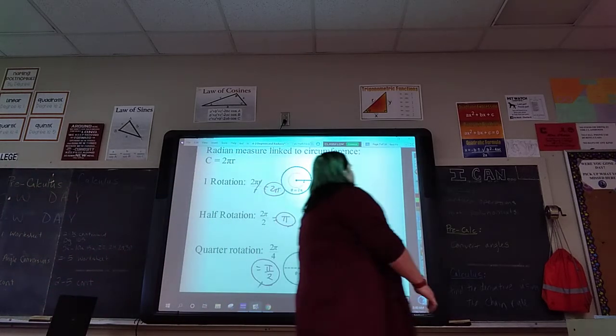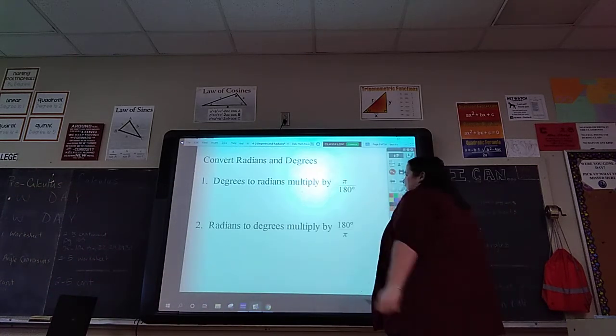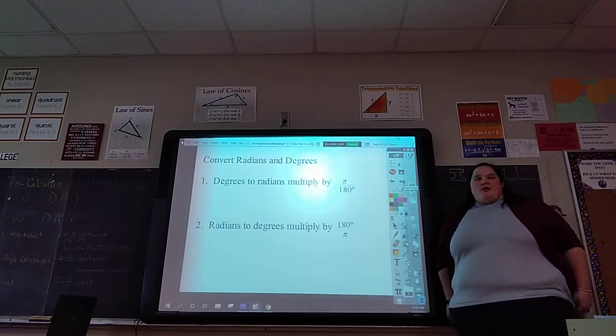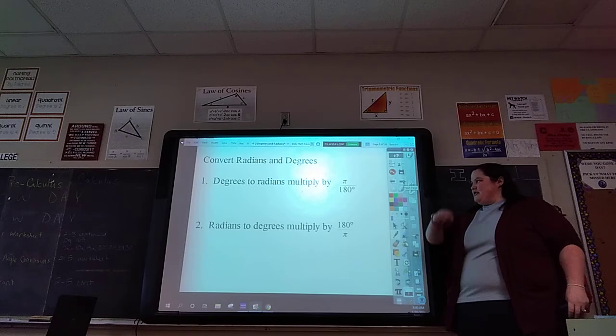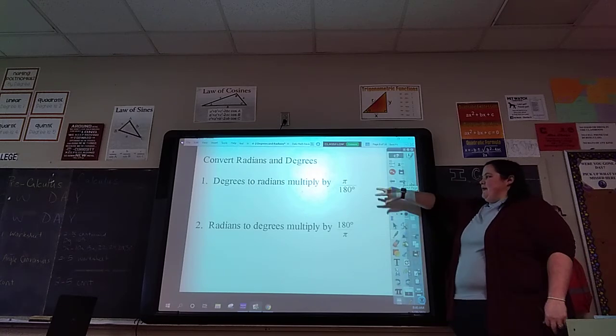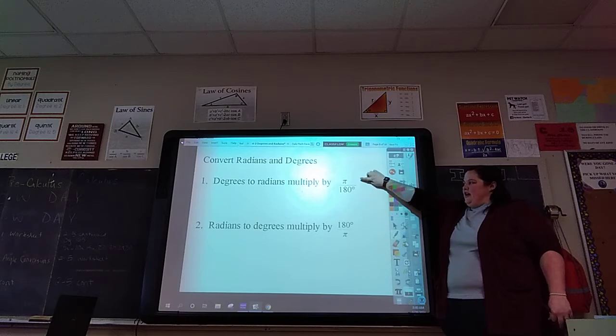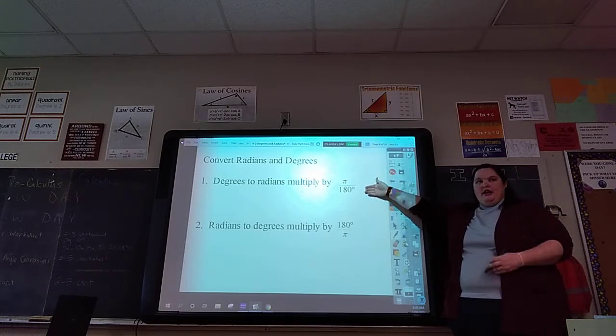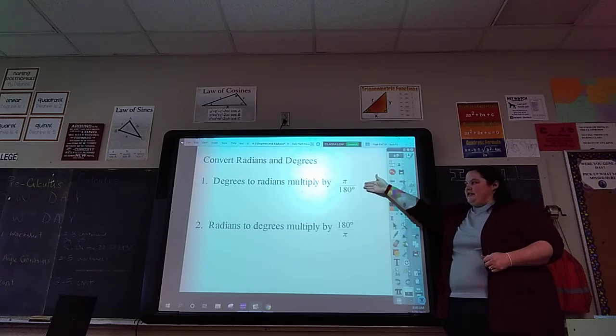So we actually use that to help us with our conversion ratios. And the one that's most commonly used, because it's not working with too bad of fractions, is the ratio between half a circle in radians and half a circle in degrees. So we know that these two values are the same.